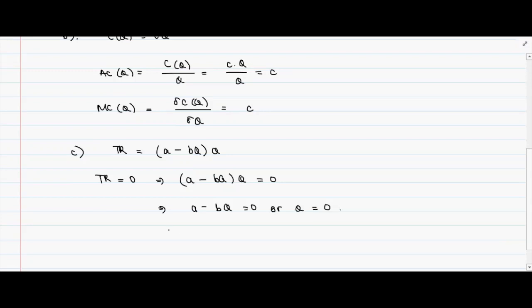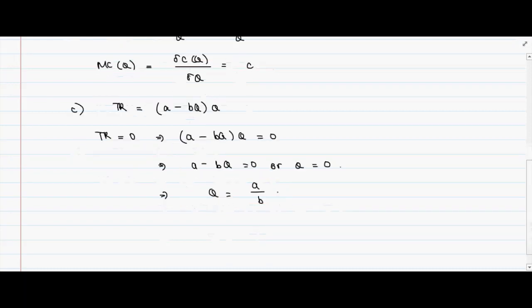Solving this equation, I get Q equal to A divided by B, or Q equal to 0.